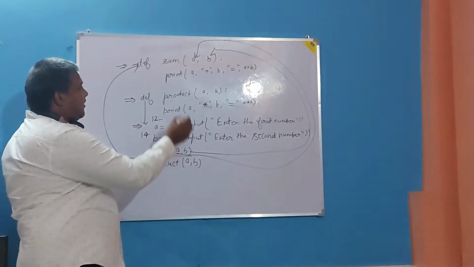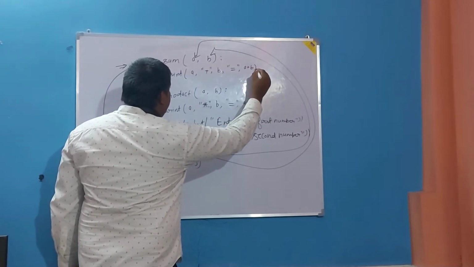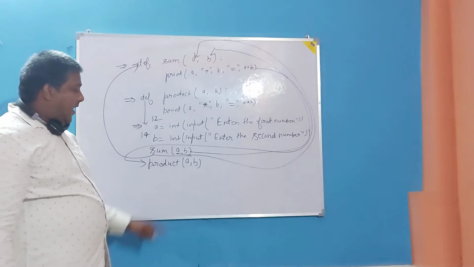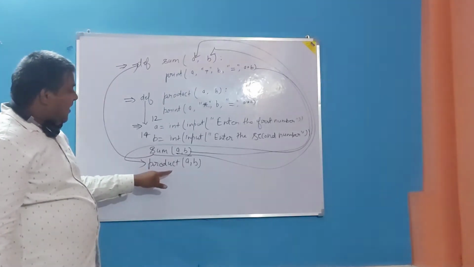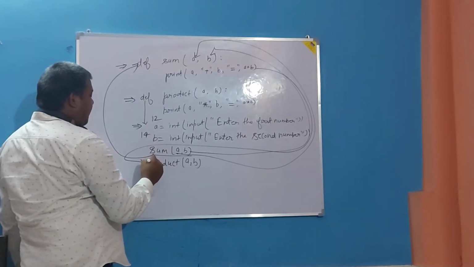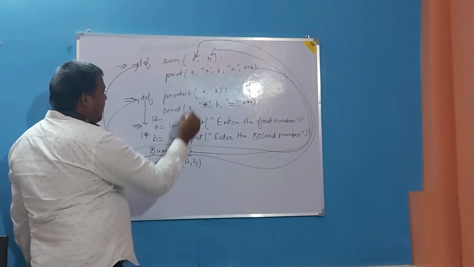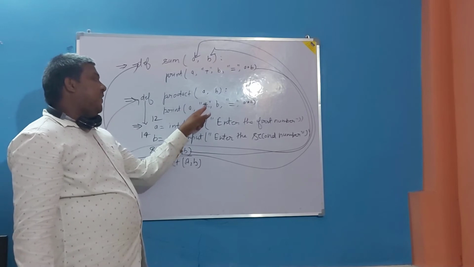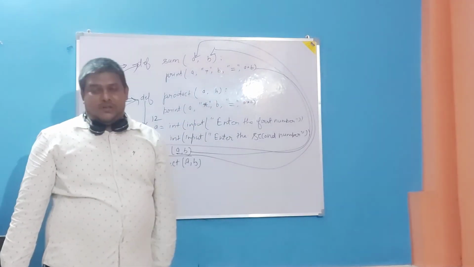Then again after displaying 26, from here the compiler comes back to that line, and it will show here product. Again the product function means from here it will move to here, and this value will be copied here, this value will be copied here, and again it will display 12 into 14 is equal to whatever the product will come.